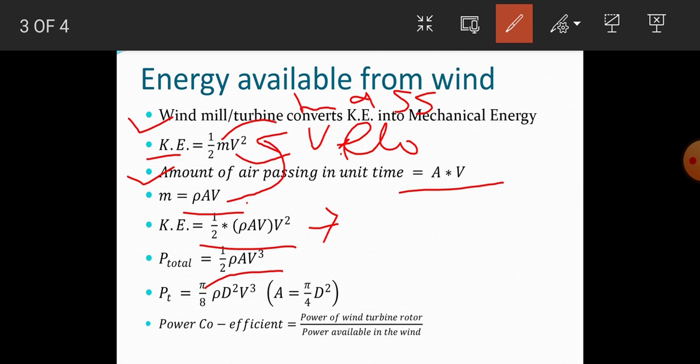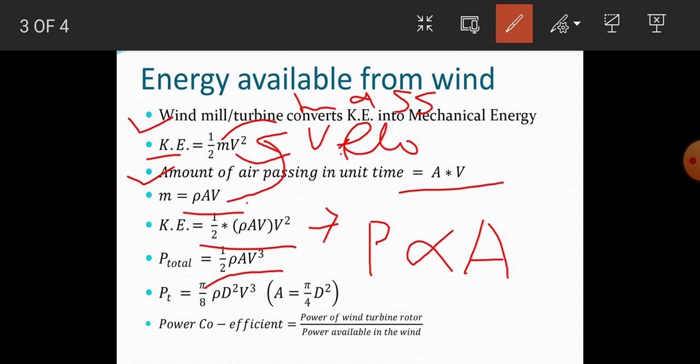So from the equation, wind power P is proportional to the intercept area, that is A. Thus a wind turbine with a large swept area has higher available power.